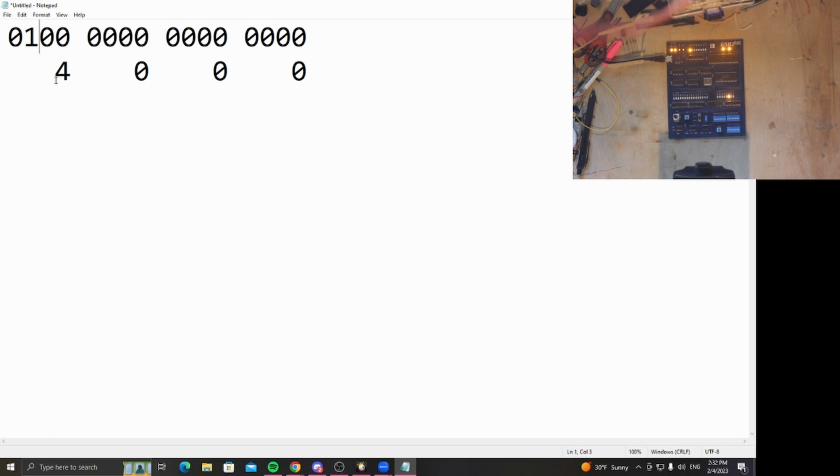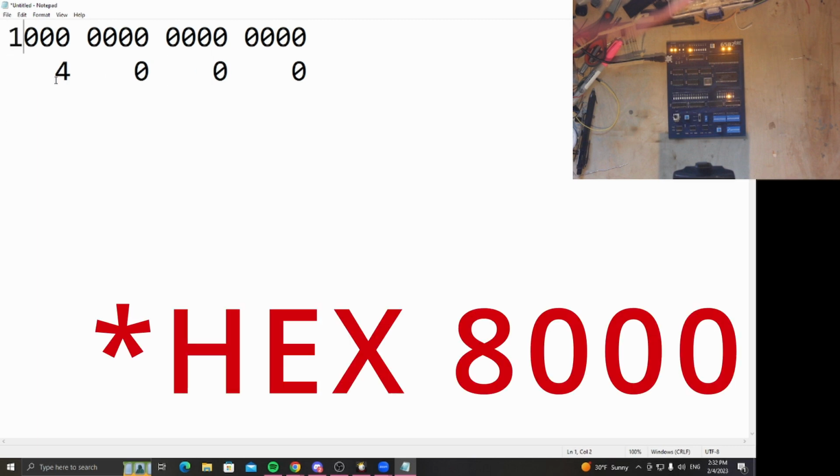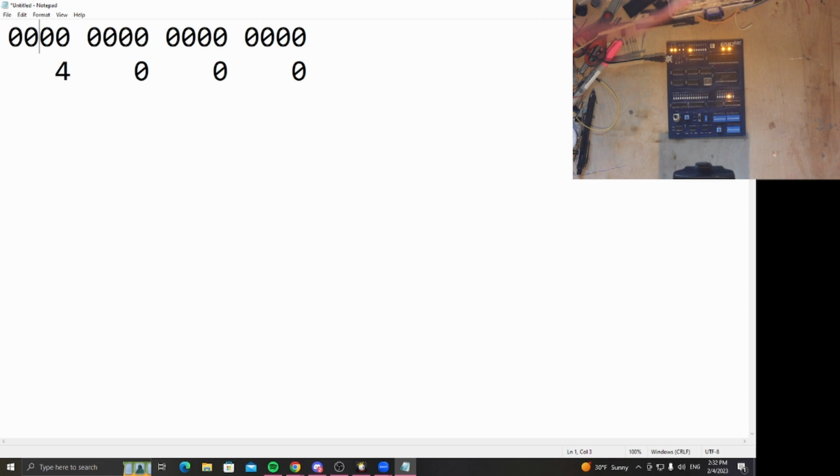But anyway, this switch being on is equivalent to hex 4,000, and this switch being on is equivalent to hex 4,000. And like I said, the rule for the circuitry was if this switch is on or this switch is on, then we are selecting that output register.